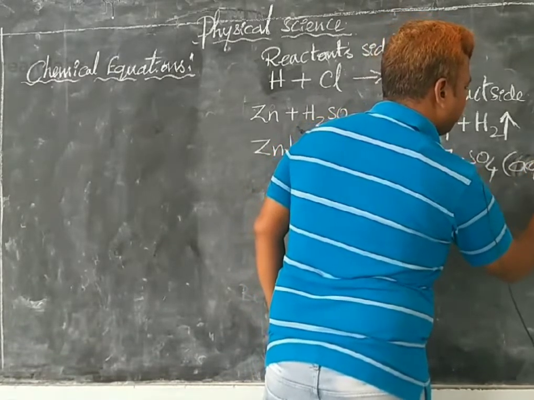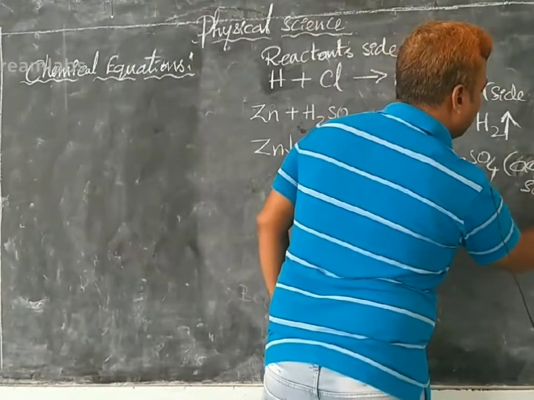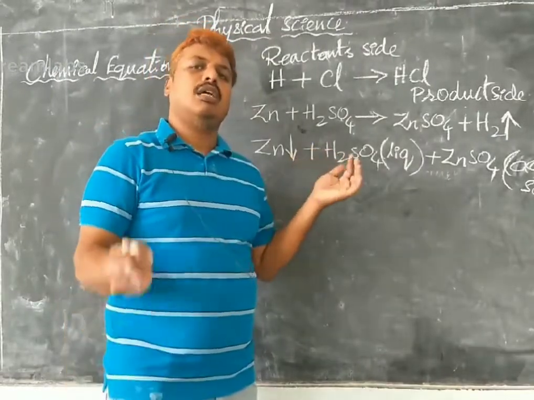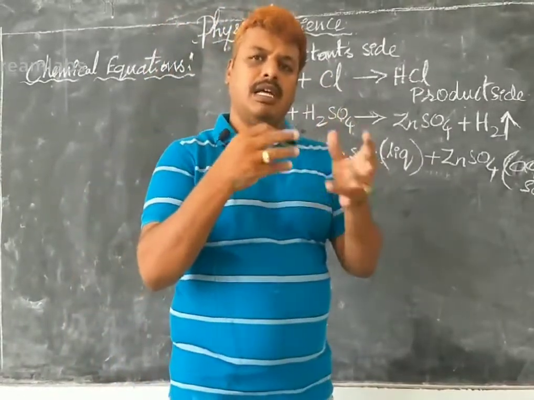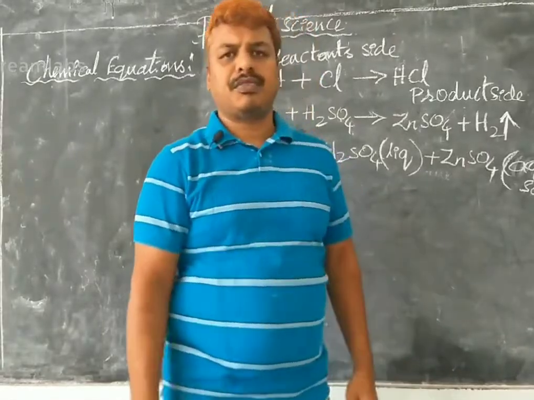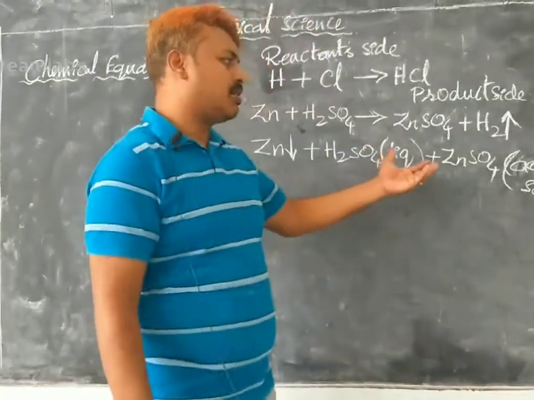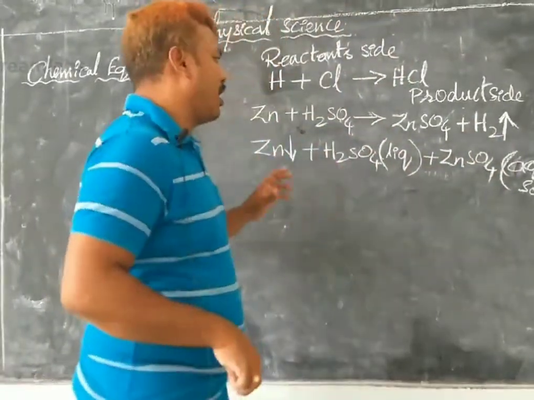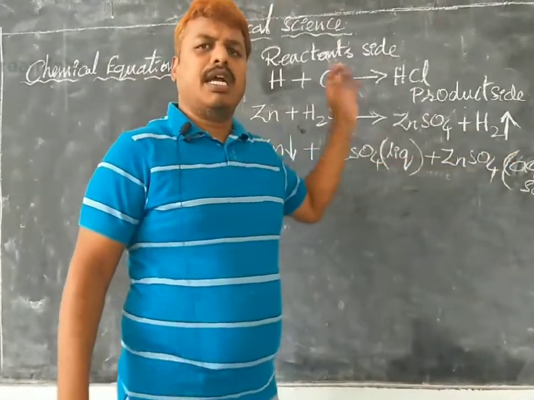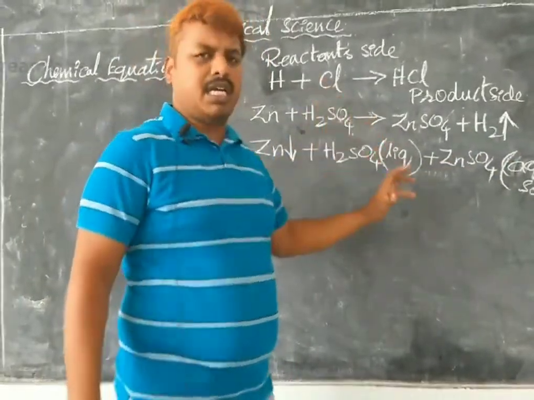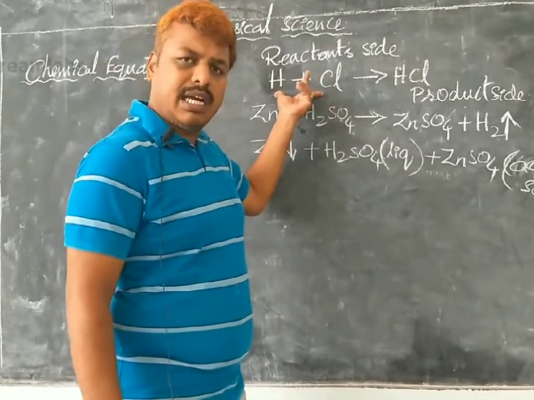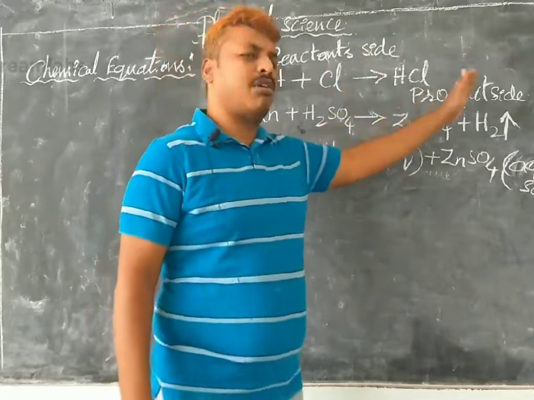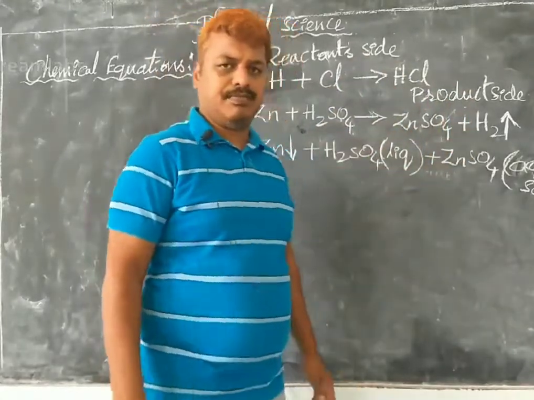Now ZnSO4 is a solution formed from these two and it is called an aqueous solution. Aqueous solution in the sense, when you mix this liquid and solid, it will give you a thick liquid called an aqueous solution, and it is giving you hydrogen gas. In a chemical equation you have the reactants side, and these reactants react with each other and give you product at the product side.